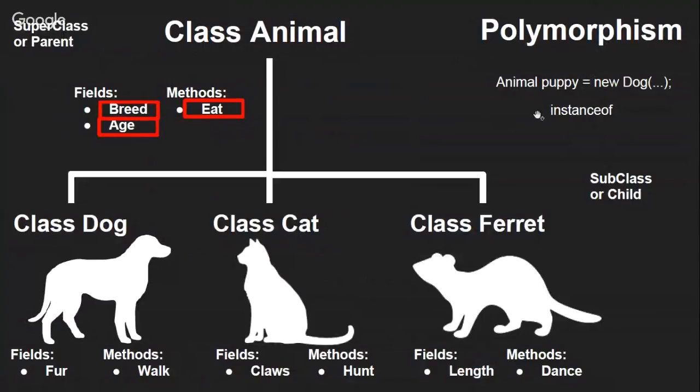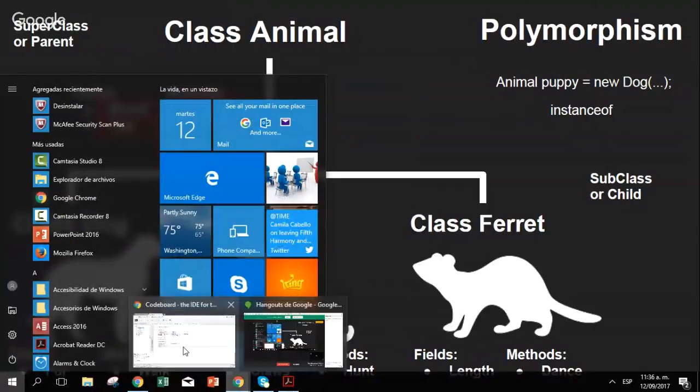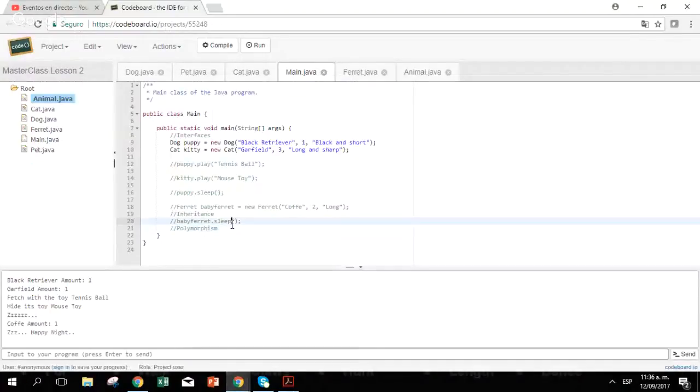We are going to use this kind of thing, which is really useful when we are using a lot of these animal classes. For example, in a linked list, I'm just going to import the linked list, java.util.LinkedList.